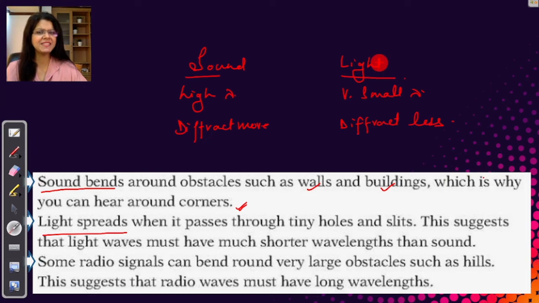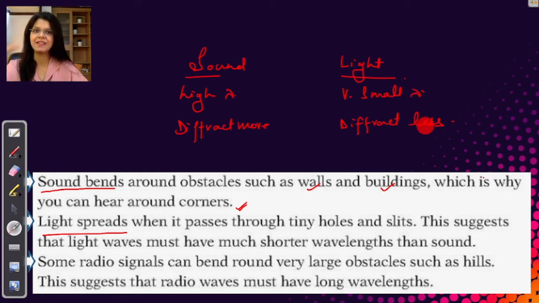But can you see the TV from another room? Say that you are in your study room and the TV is not in your clear straight line of sight. It is somewhere located. Can you see the TV from your study room, which is kept in the living room? No, you cannot. You can hear, but you cannot see. Why? Because light has smaller wavelength and it diffracts less.